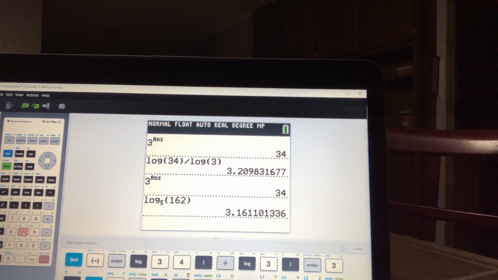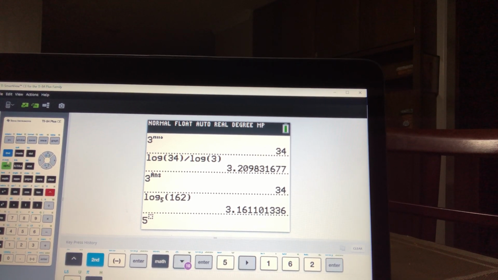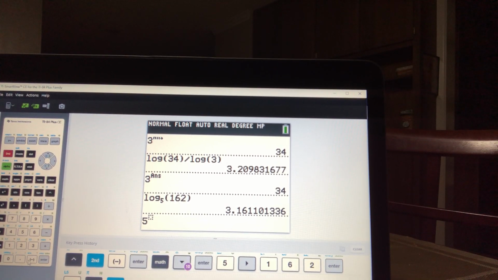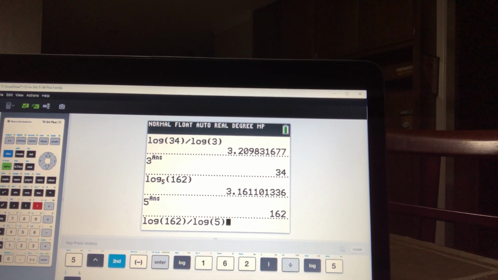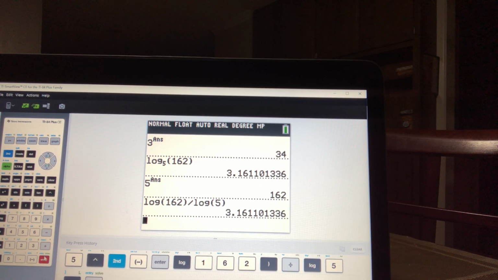So that means raising 5 to the power of that answer should give us the original number, and notice it does. Okay, so if your calculator is a little different, use the common log of 162 divided by the common log of 5. And you'll get the same thing, should be. Yep, there it is.